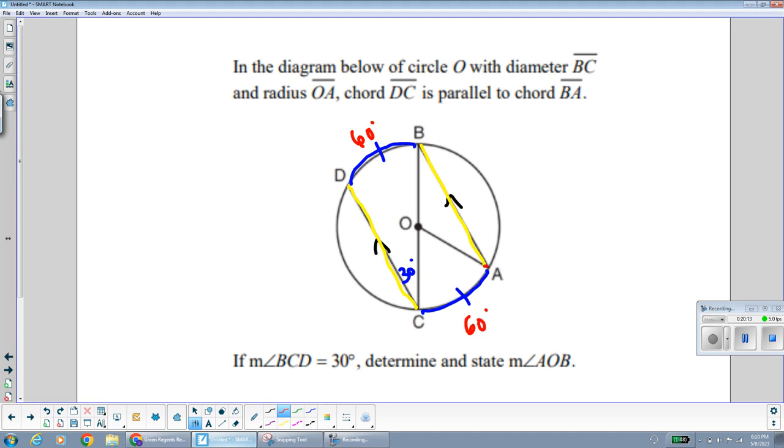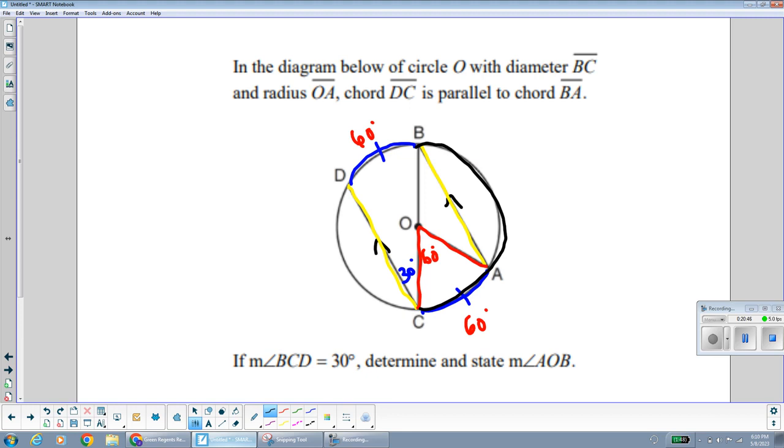Then I know that central angle AOC should be congruent to its intercepted arc, so this should be 60 degrees as well. Still not where I need to be. I need to find angle AOB. But I do know that from C to B, that's half of a circle, so that's 180 degrees.